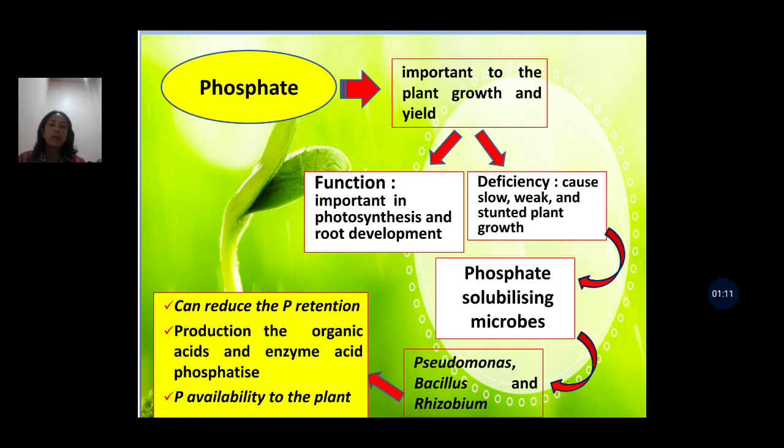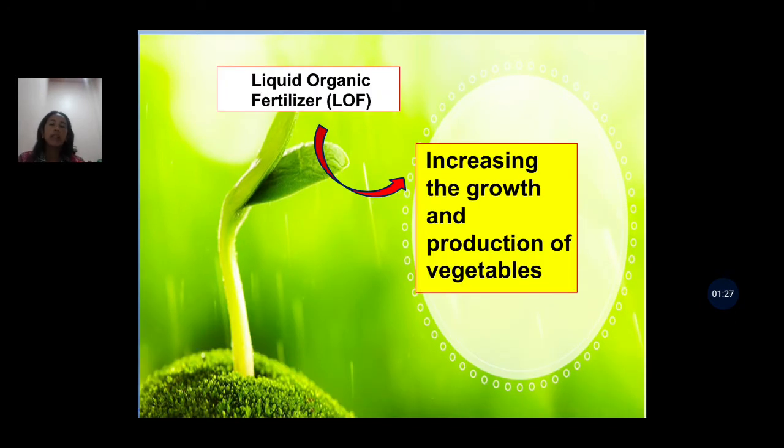Some phosphate solubilizing microbes are Pseudomonas, Bacillus, and Rhizobium. Phosphate solubilizing microbes can reduce the P retention, producing organic acid and the enzyme acid phosphatase, making P available to the plant. Liquid organic fertilizer can also increase the growth and production of vegetables.